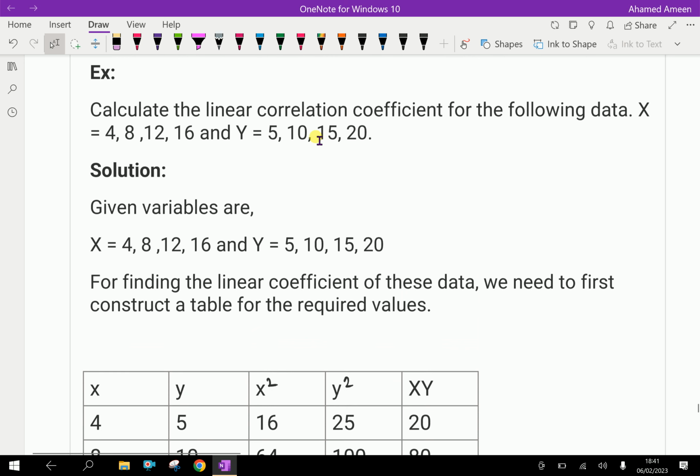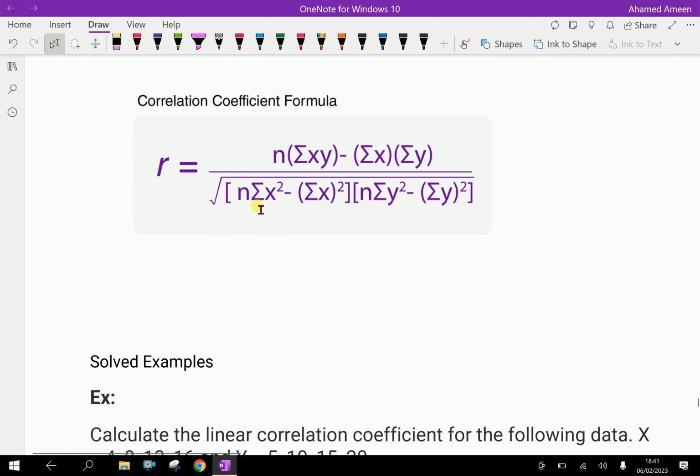We'll check one more time: this is n into sigma x square minus sigma x whole square, and the same for y.